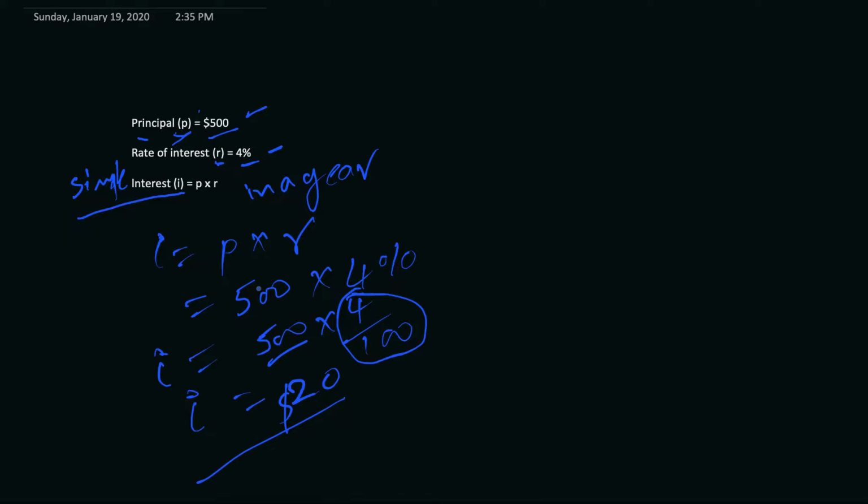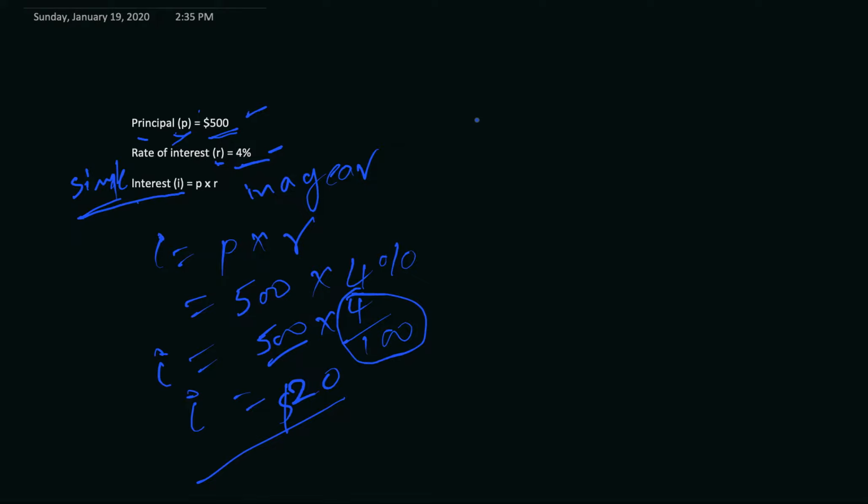But using this problem, if we have a principal of 500 with a rate of interest of 4%, and we have to find out what the simple interest is, all we have to do is multiply the principal times the rate of interest and we get $20. So this is our simple interest.